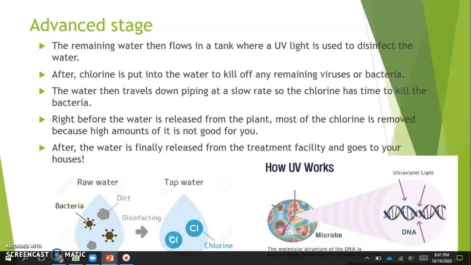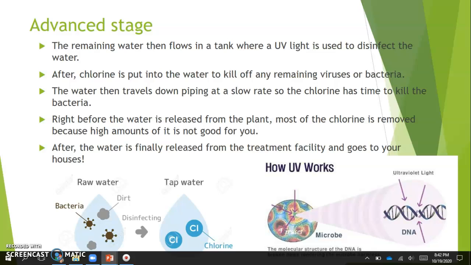We actually have UV lights here in the school that we use to disinfect our goggles for labs. But after the UV light is used, chlorine will then be put into the water to kill any remaining viruses or bacteria. Kind of the same way you chlorinate a pool before you get into it to kill any fungi or algae. The same thing happens with water treatment.